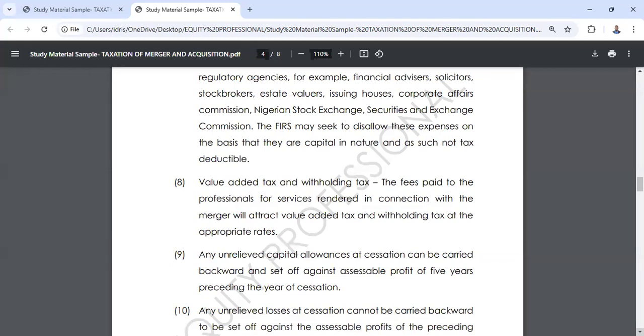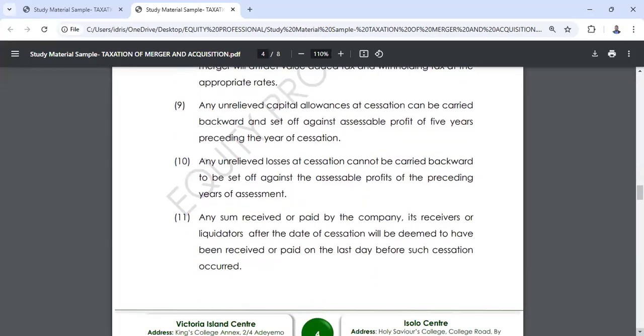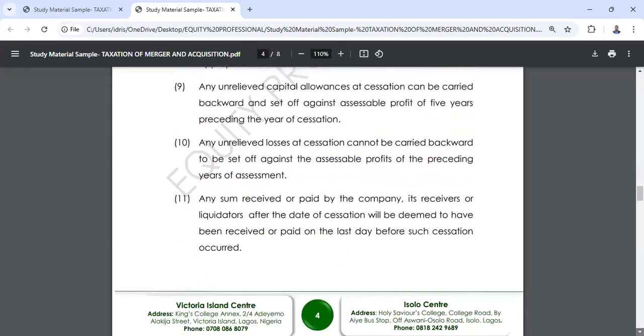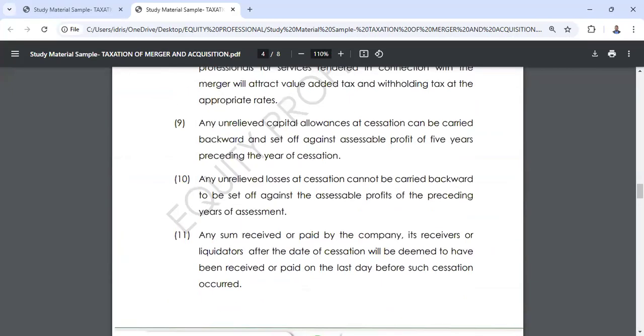But in the case of capital allowance, in the year of cessation, when you have unclaimed capital allowance, the law provided that you can carry it backward for a maximum of 5 years. So those are the tax implications of merger.